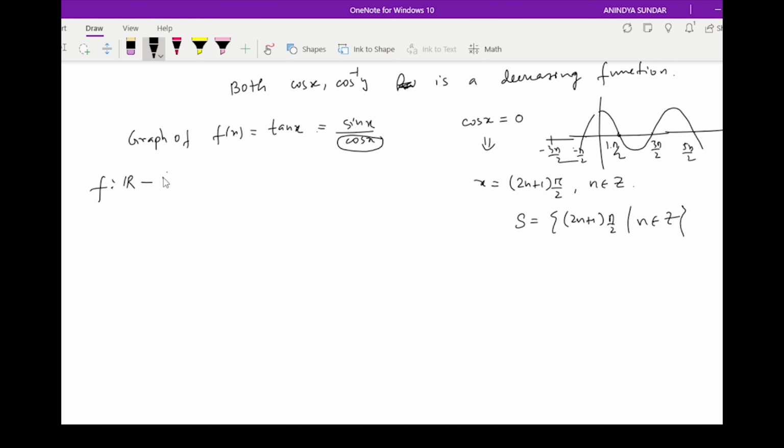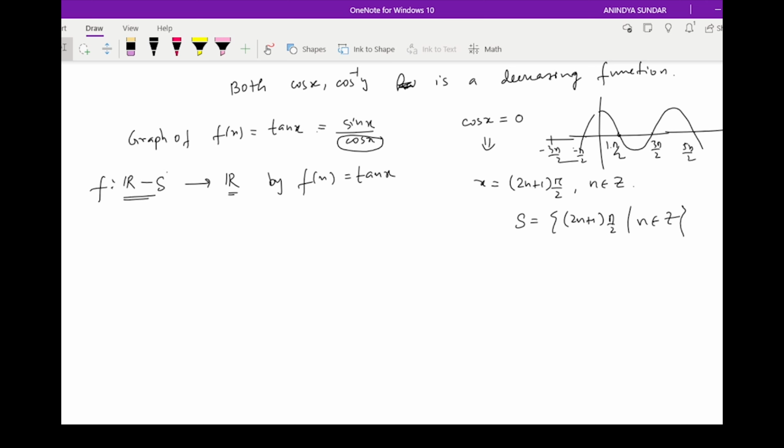I am removing these points from R, by f(x) equal to tan x. Now this is my function, and this one is the domain, this one is the codomain.